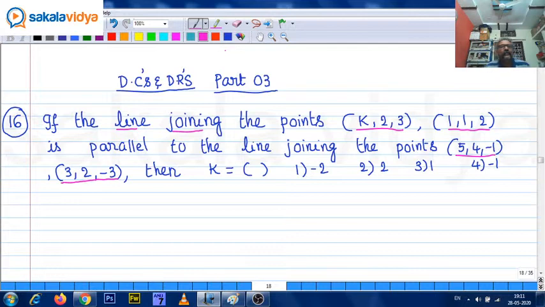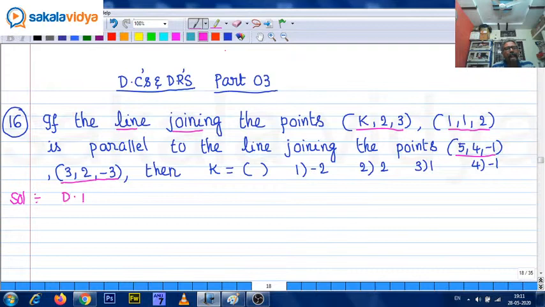Here first we need to find out the direction ratios of the first line joining the points k comma 2 comma 3 and 1 comma 1 comma 2, and next the direction ratios of the second line joining the points 5 comma 4 comma minus 1 and 3 comma 2 comma minus 3. Since they are parallel, a1 by a2 equals b1 by b2 equals c1 by c2. So this is the plan to be adopted. Okay, right, but let me do the solution.